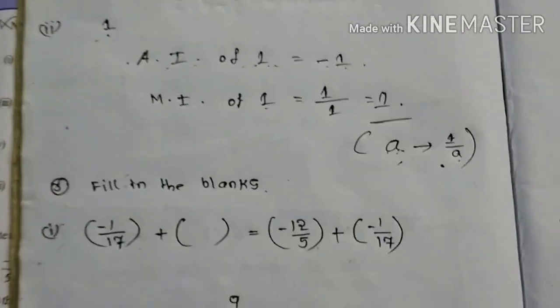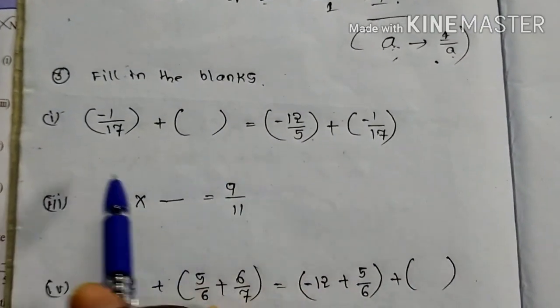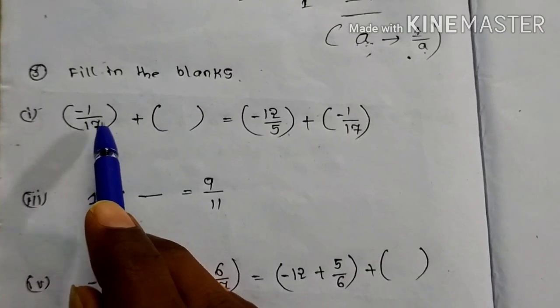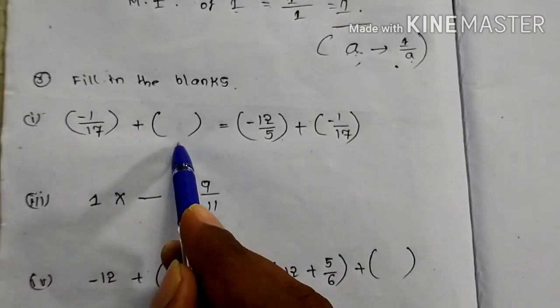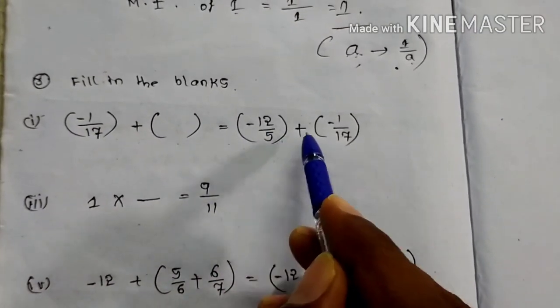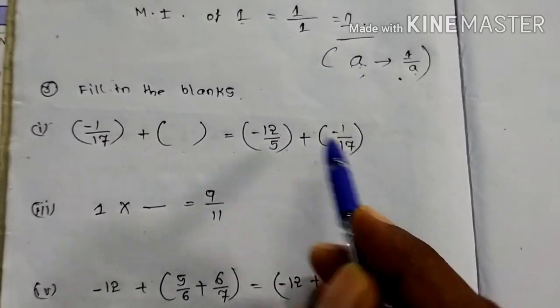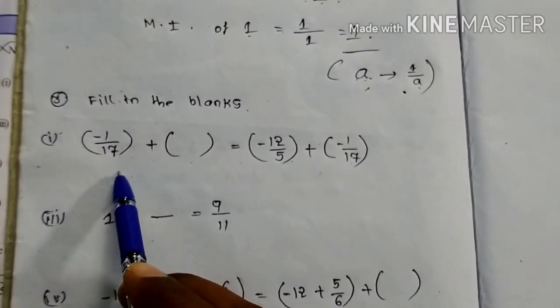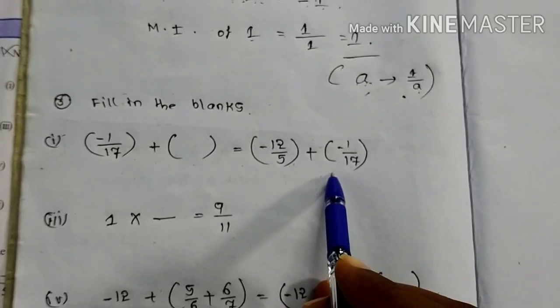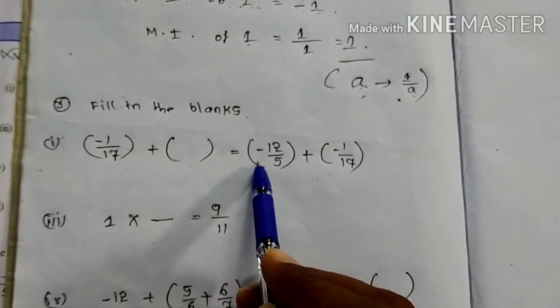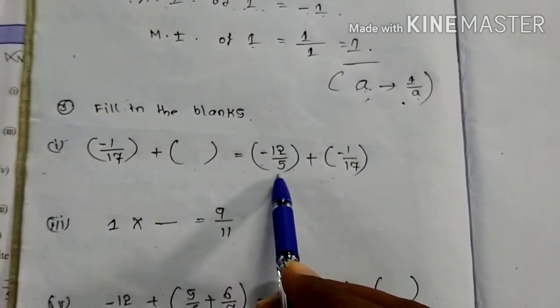Now, fill in the blanks. Next one: minus 1 by 7 plus dash is equal to minus 12 by 5 plus minus 1 by 7. Here minus 1 by 7 is there, and here also minus 1 by 7 is there. Here we have minus 12 by 5.